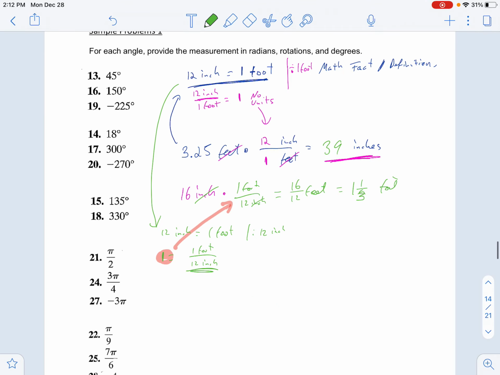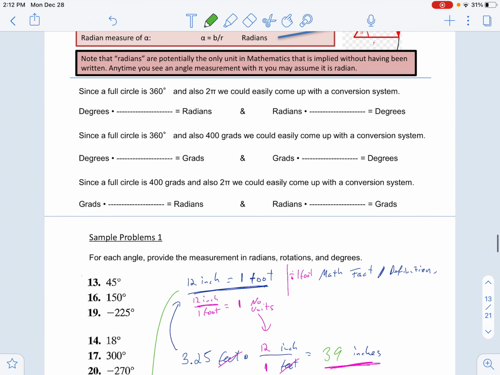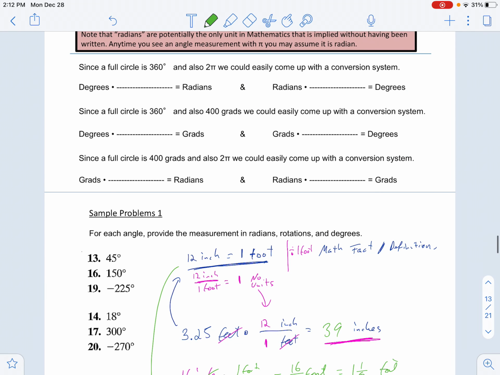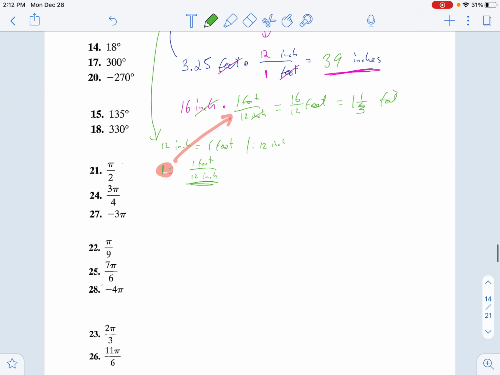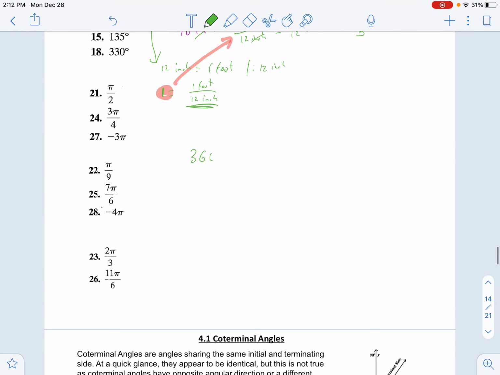Now, let's adjust this to our conversion units for these degrees. So we have 360 degrees equal to 2 pi radians, and quite frankly equal to 400 grads. All of those are equations. Now, let's say that I wanted to take 11 pi over 6 and convert this into degrees.